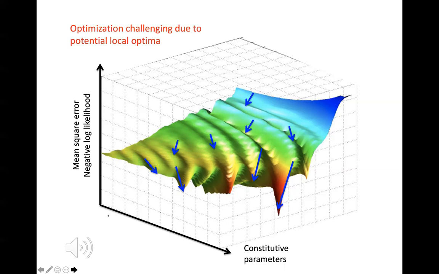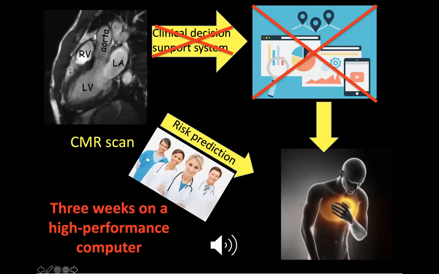And the upshot is that this will require repeated numerical solutions of our finite element equations each time we change the material parameters as part of the iterative optimization routine. That can be hundreds or thousands of times, depending on the complexity of the objective function. This leads to very high computational costs overall. In fact, the computation for the study reported earlier took about 3 weeks on our high-performance computing cluster.